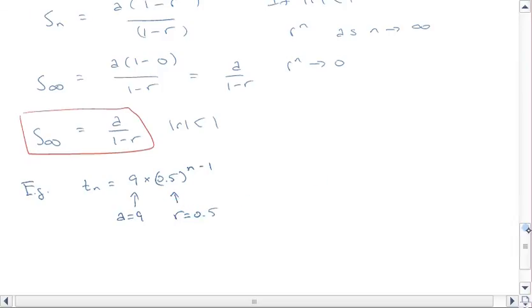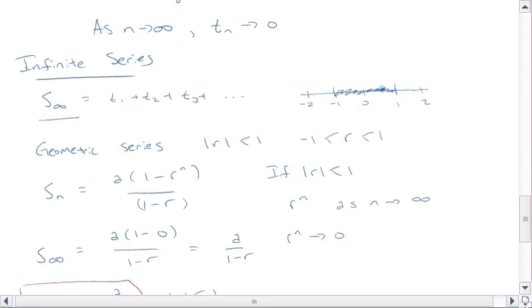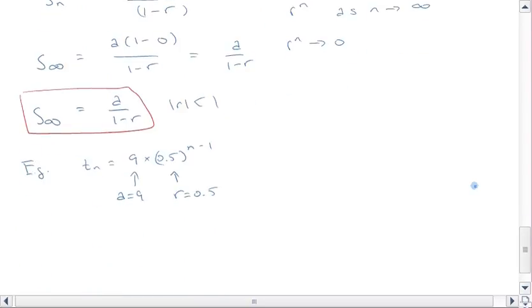On that number line, r of 0.5 is right there, so it's definitely within that region. It's less than 1 and greater than -1, so we can apply this equation.